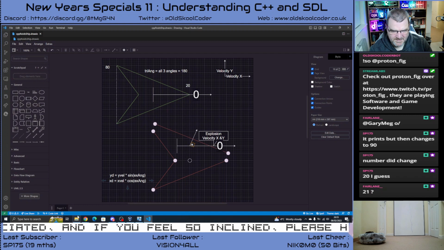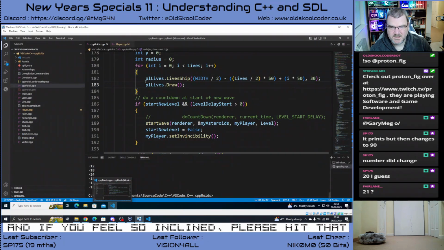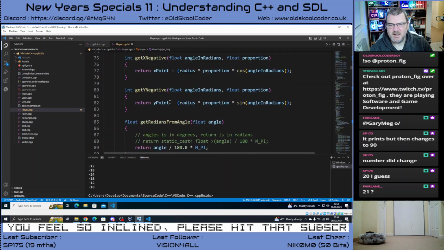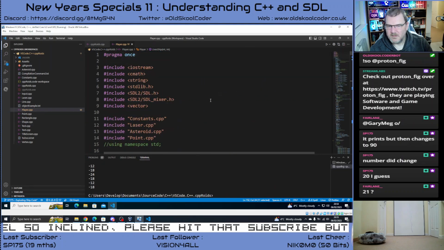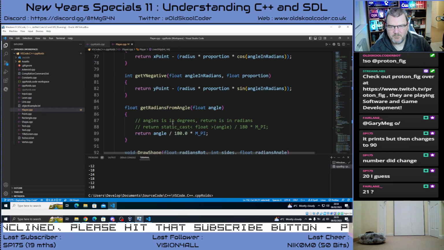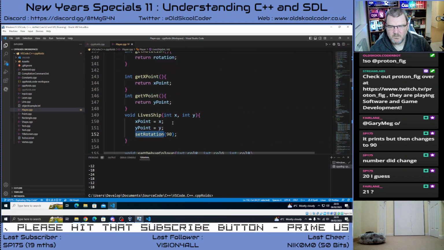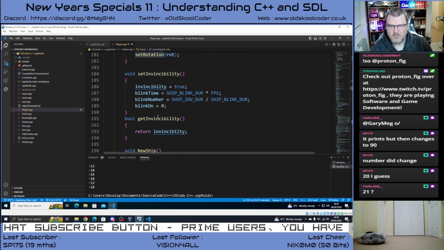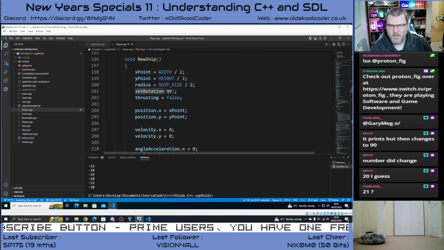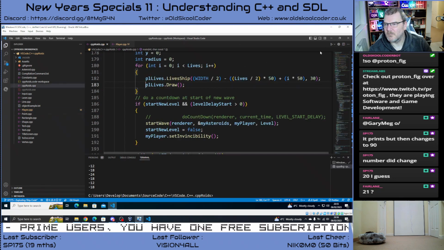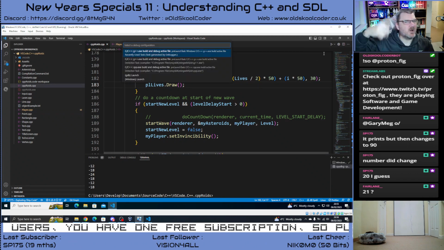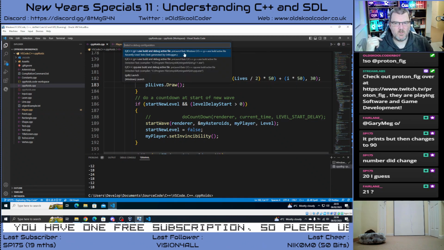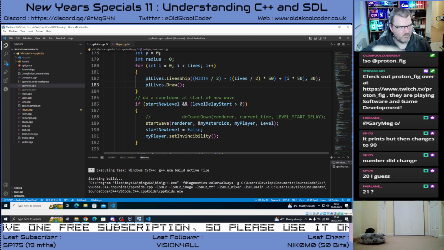Well, I'm going to set it to 20 and see if we get a straight line. The only reason I'm trying to identify the angle is so we can mess around with numbers, because when we come to code it, we're going to have the rotation value of the ship, yeah?